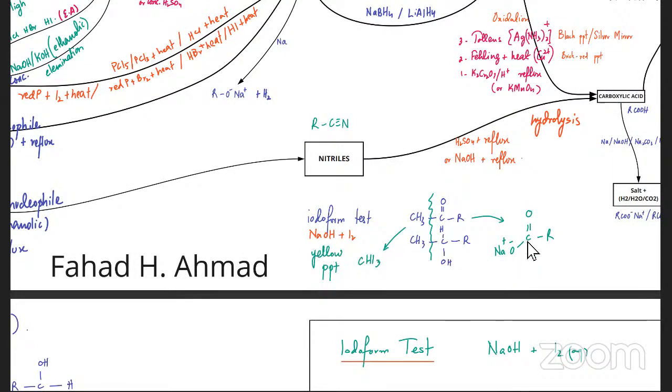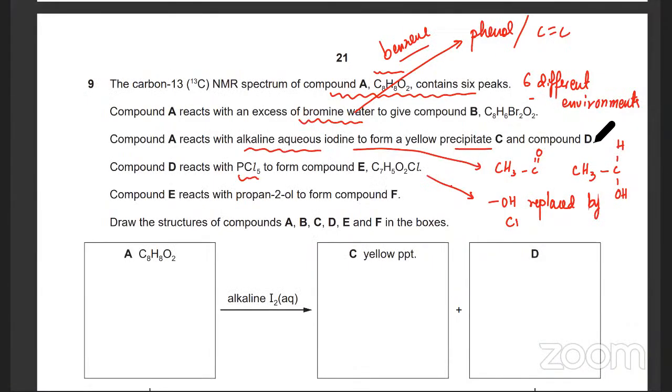So when he says it reacts with alkaline aqueous iodine to form a yellow precipitate and compound D, compound D is probably going to be a carboxylic acid, or its salt, since you're using alkaline conditions.